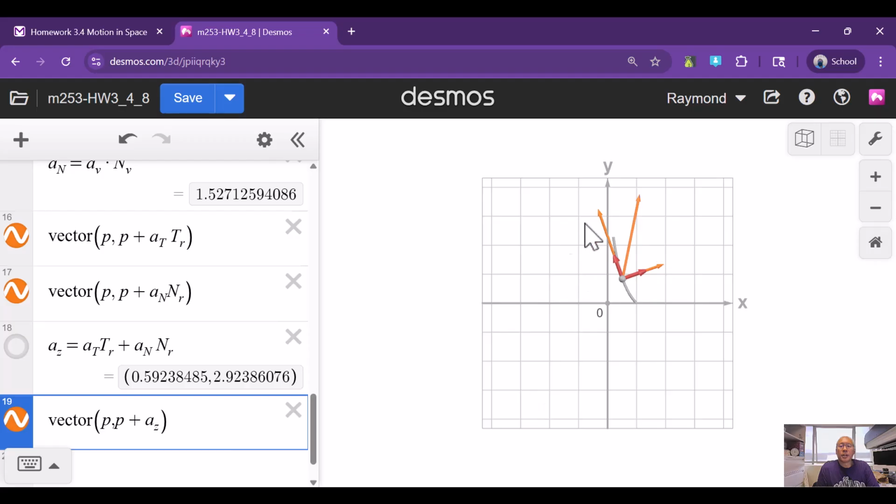Okay, we can draw parallel lines over here to actually make a rectangle that would create this relationship. All right, so that's it.